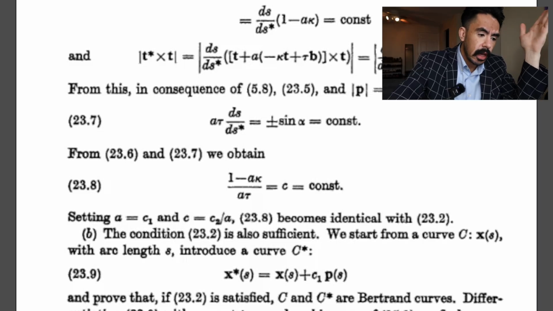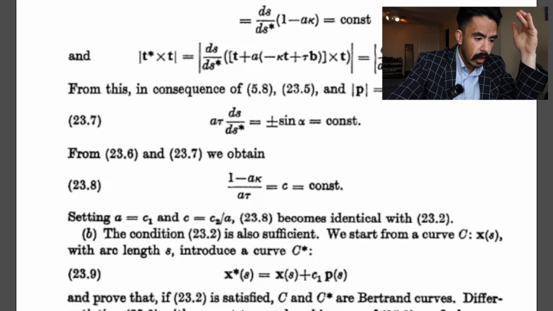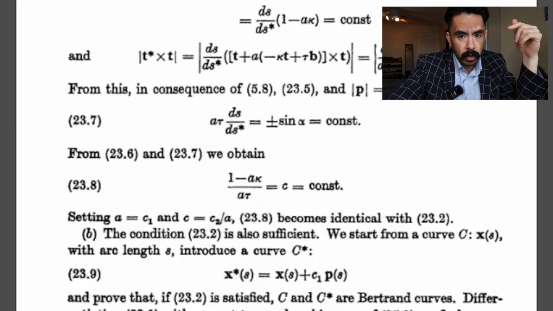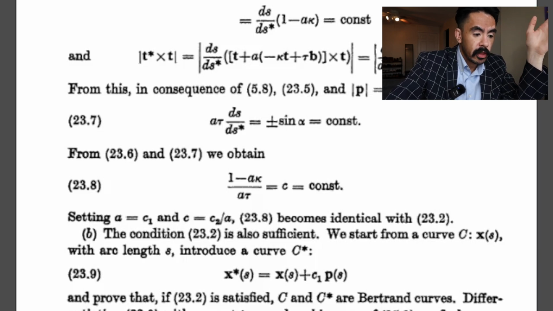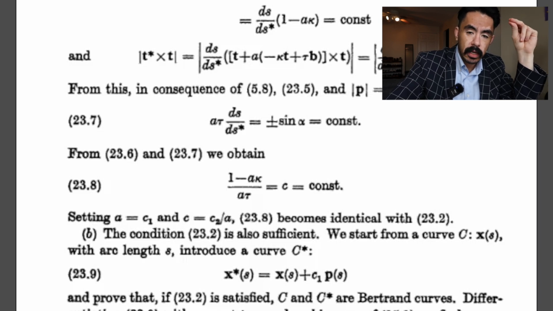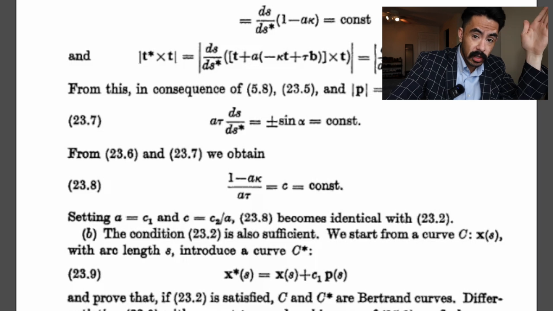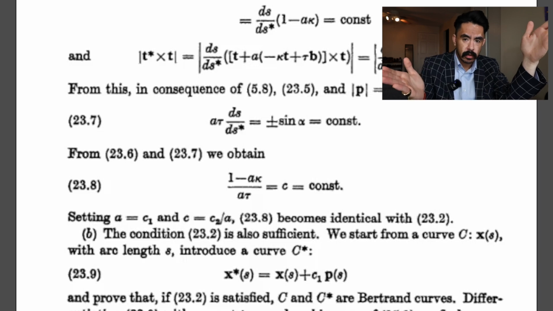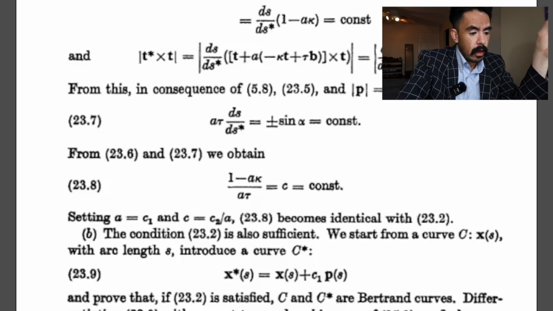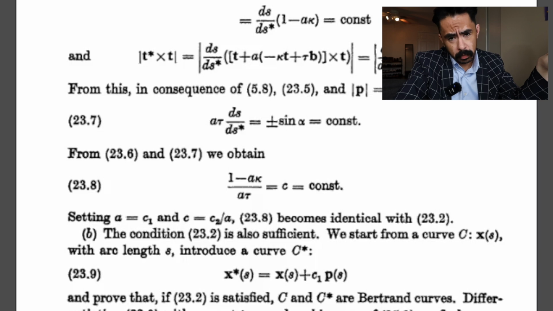So setting a equal to c1 and c equal to c2 over a, then this 1 minus a times kappa over a times tau equals c. This becomes identical with the c1 kappa plus c2 tau equals 1 relation, which is what we want when we go from Bertrand curves implies, that's what we want. And that concludes the first leg of the proof.